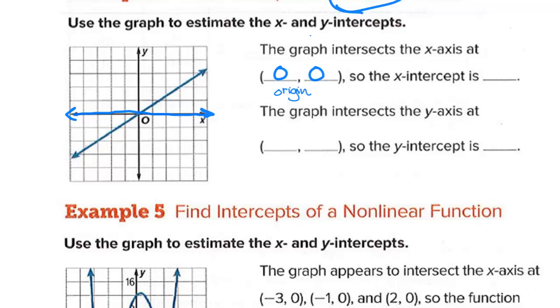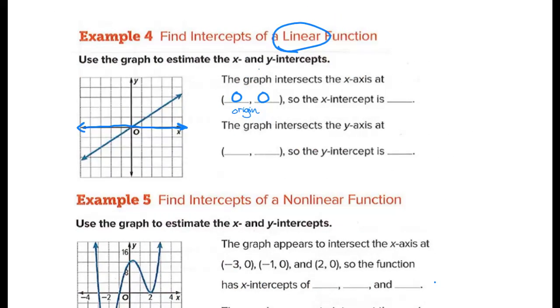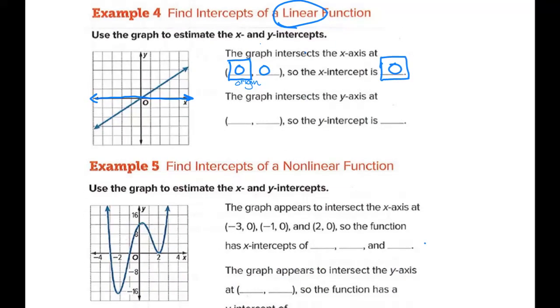So the x-intercept is the x-coordinate of that point, and the x-coordinate is 0, so the x-intercept is 0. Write it down.